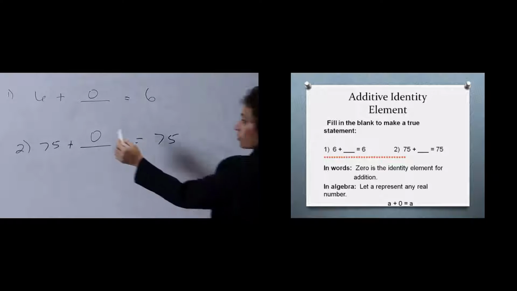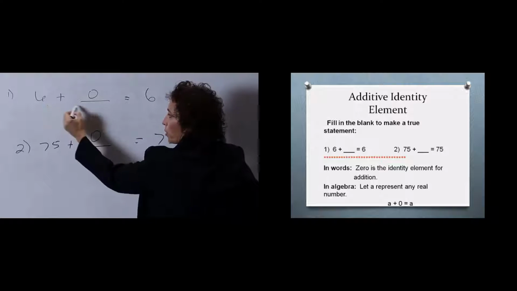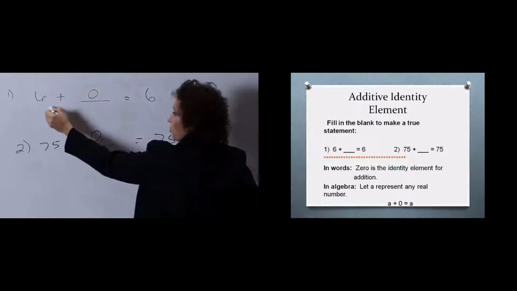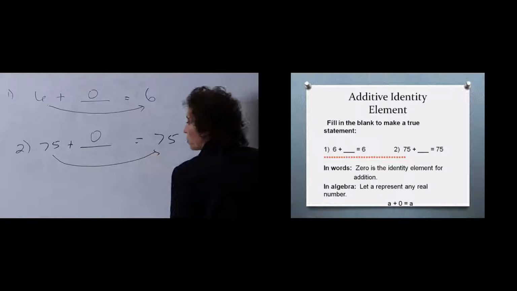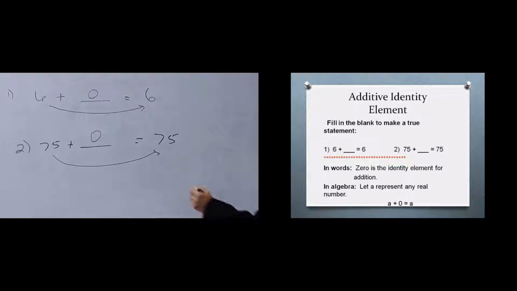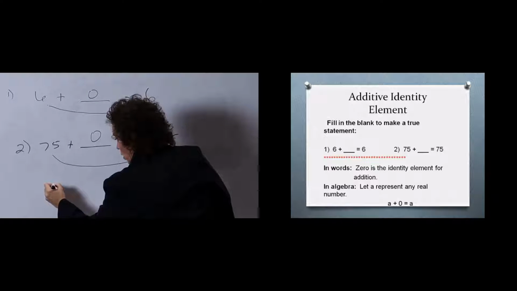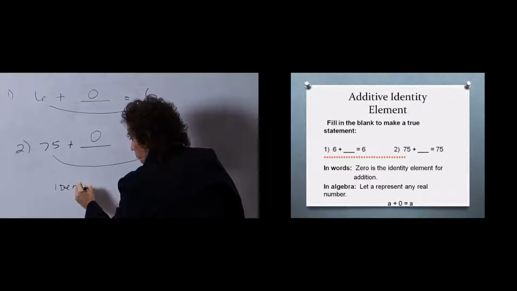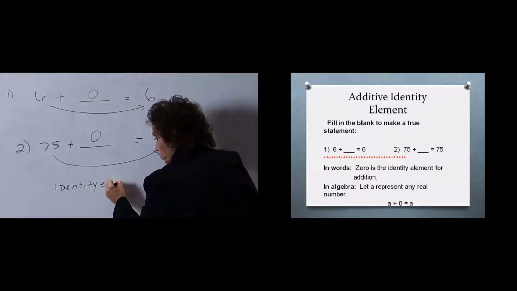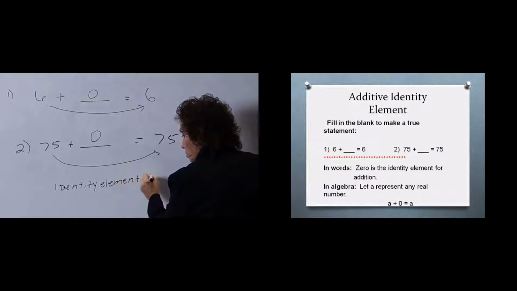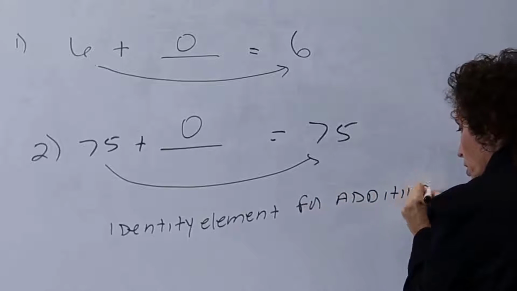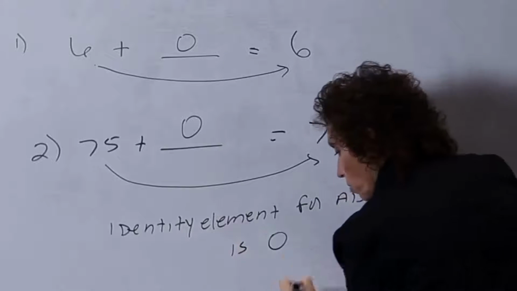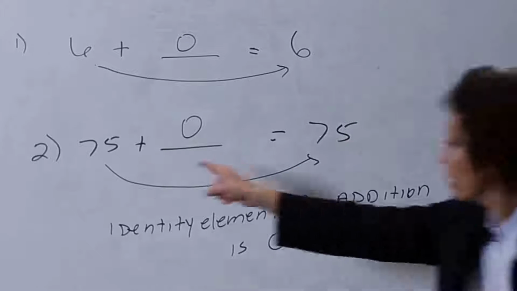So let's talk about this. Anytime we start with some number and add 0 to it, we always get back to the same number. That tells me that the identity element for addition is 0, because you always get back your identity.